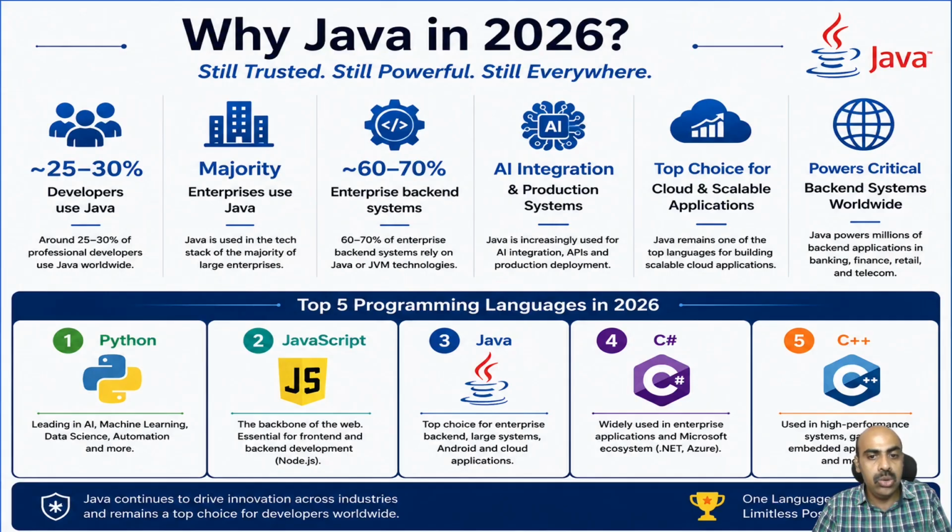Java is still used at the enterprise level, as we discussed, and for building mobile applications and cloud applications, followed by C# and C++.